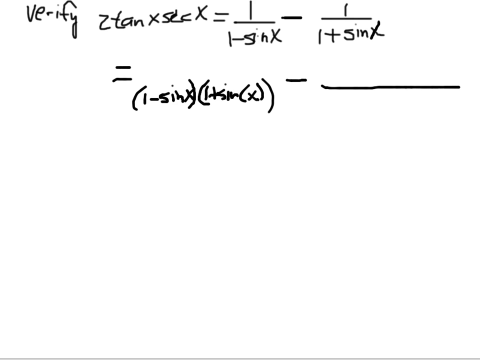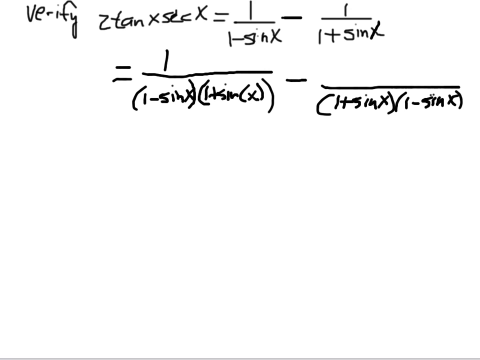Both fractions need to get that, so I'm going to do that right away here. 1 plus the sine of x, 1 minus the sine of x. Now let's look at what happens in our numerators. In the first fraction, our denominator already had 1 minus the sine of x, so we had to multiply by 1 plus the sine of x. And so that goes on in our numerator.